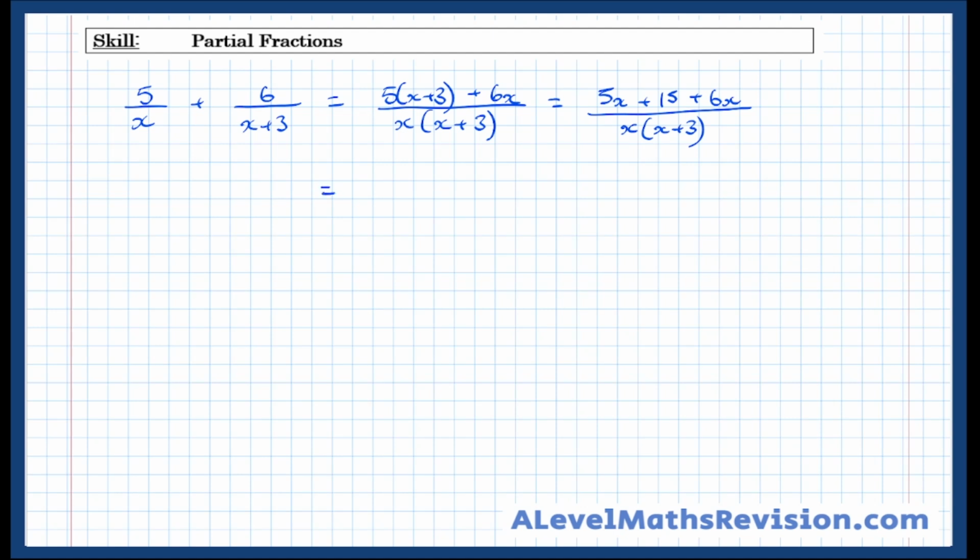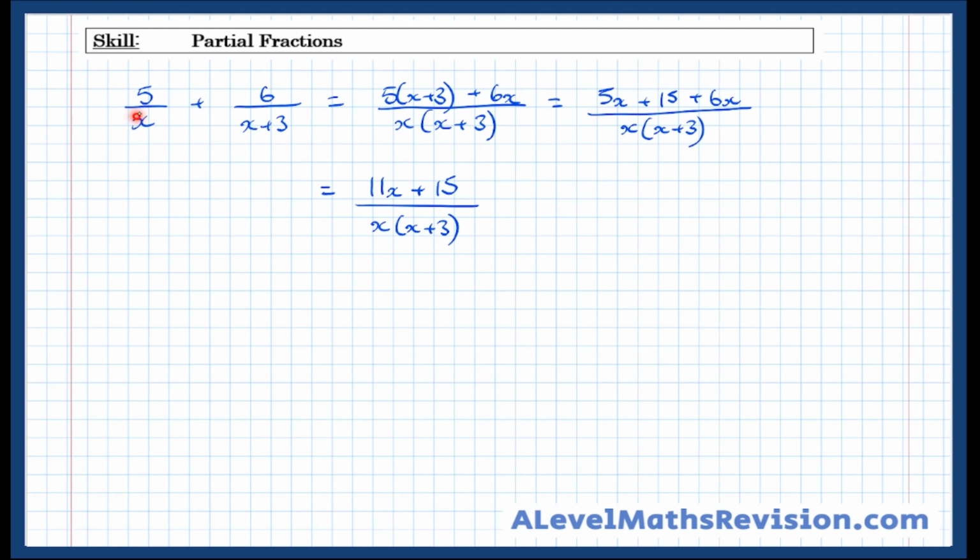Finally, equal to 11x plus 15 over x times x plus 3. And then we've taken two separate fractions, added together, and combined them into a single fraction.